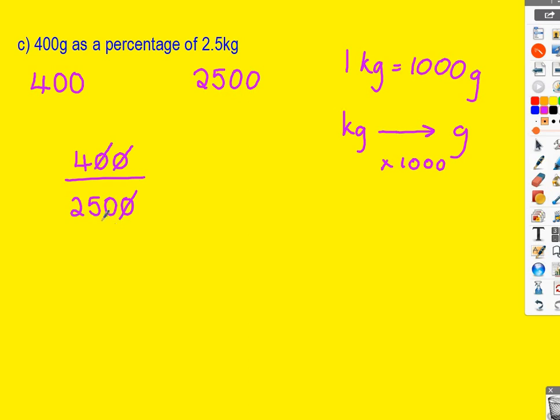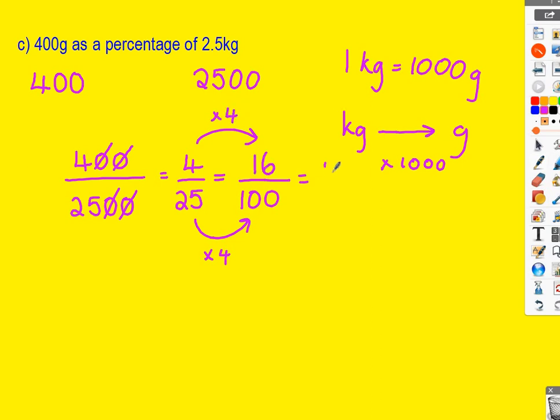So if I cancel another 0, so I've divided the numerator and the denominator now by 100, which leaves me with 4 over 25, and an equivalent fraction out of 100. I'm going to multiply the denominator by 4. I'm also going to multiply the numerator by 4. 4 times 4 is 16. 16 out of 100 is 16%.